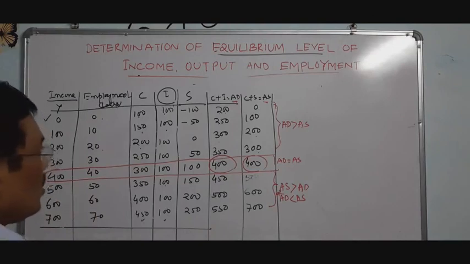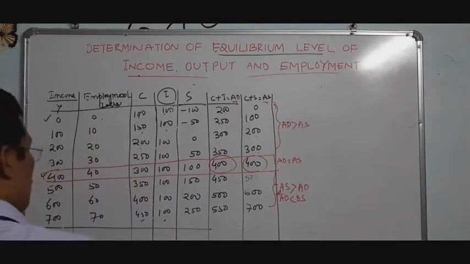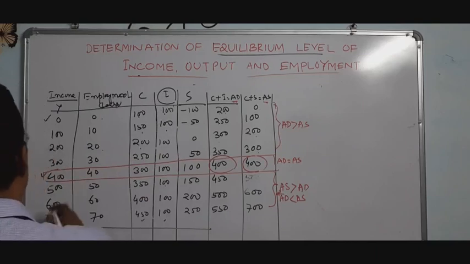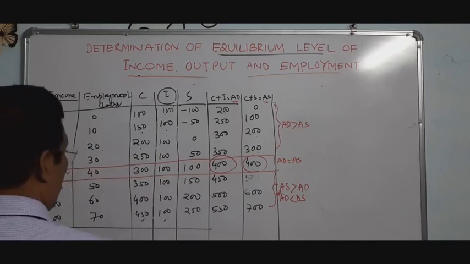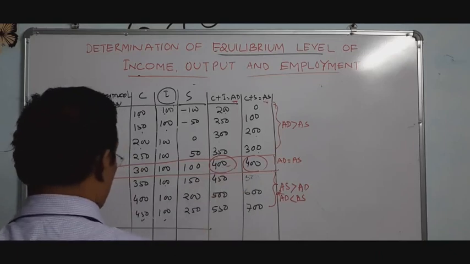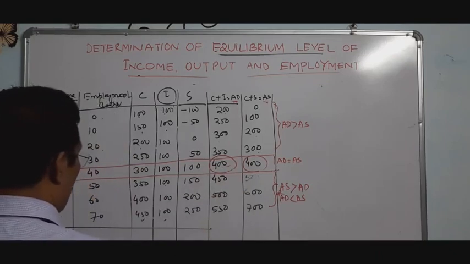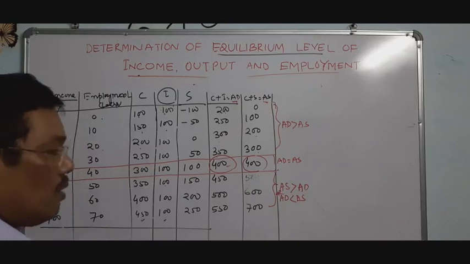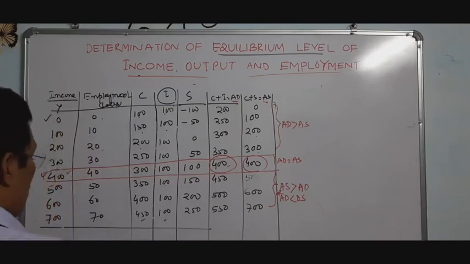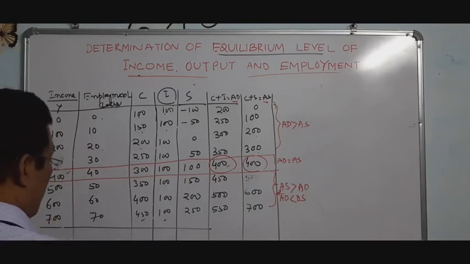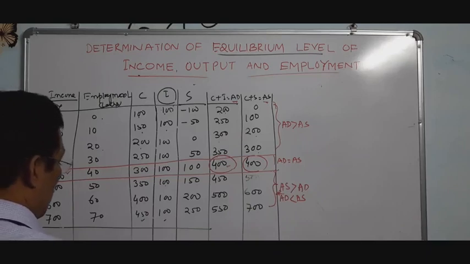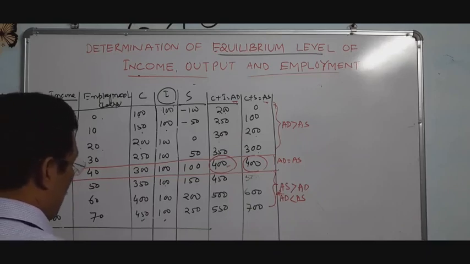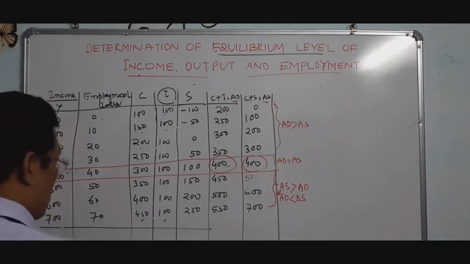But wherever one situation, Y is 400, Y equals aggregate demand equals aggregate supply. In this situation, aggregate demand is consumption plus investment, and aggregate supply is consumption plus saving.